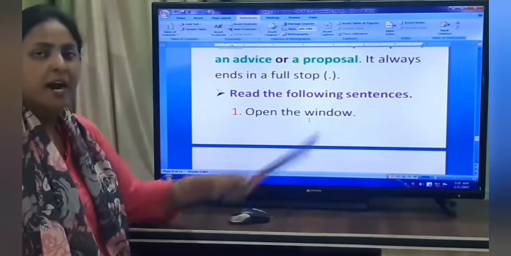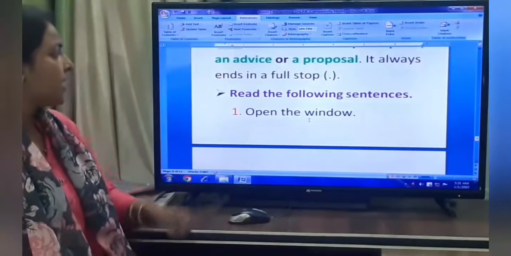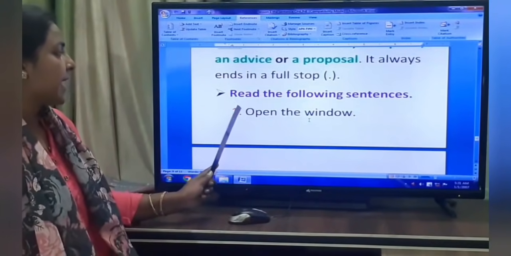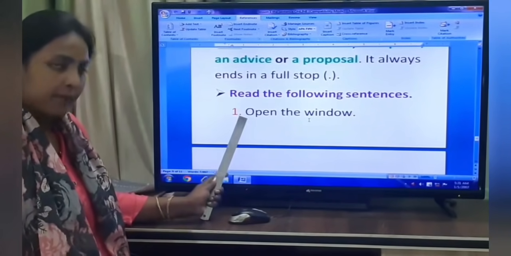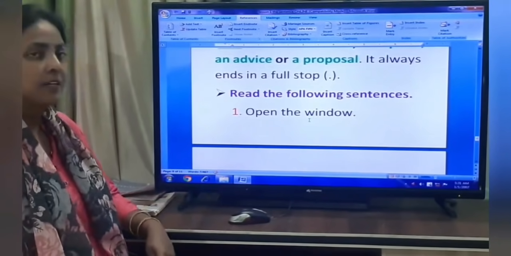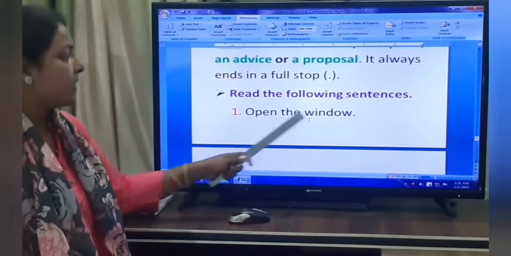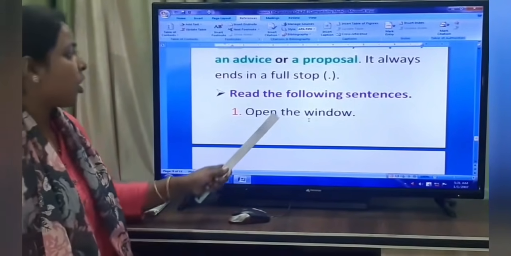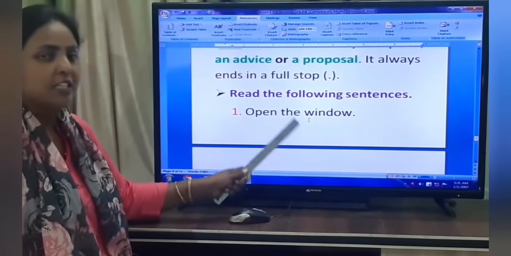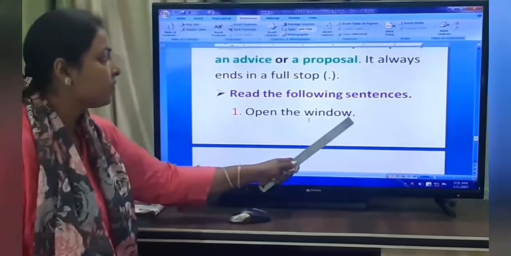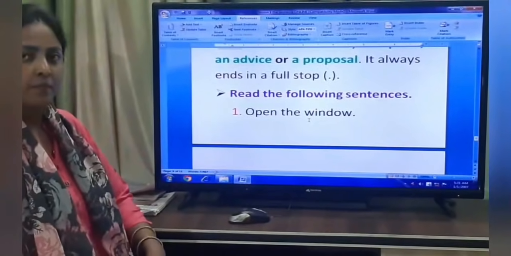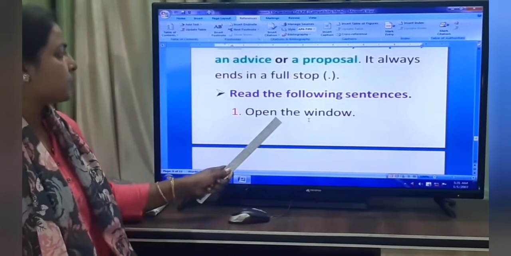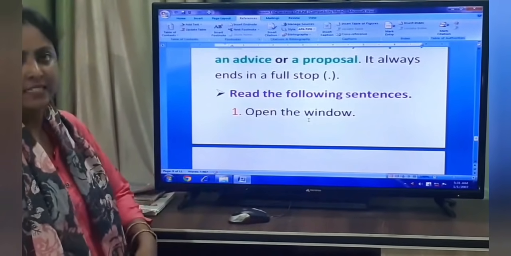It gives you a command. Now here you can see, children, that it starts with the capital letter O and ends with a full stop, because an imperative sentence always ends with a full stop. So this is what? Imperative sentence.